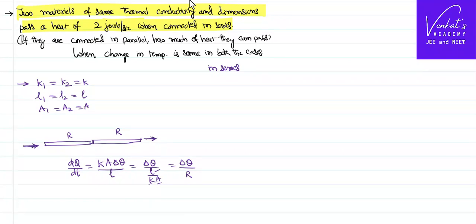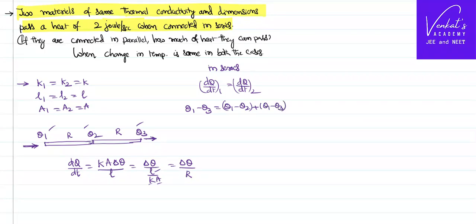the dq is going to be the same in series, that is dq by dt of the first case equal to the dq by dt of the second case, but the temperature differences are not same. Temperature from first to last, theta 1 minus theta 3, is temperature difference across the first one, that is theta 1 minus theta 2, plus temperature difference across the last one, theta 2 minus theta 3.